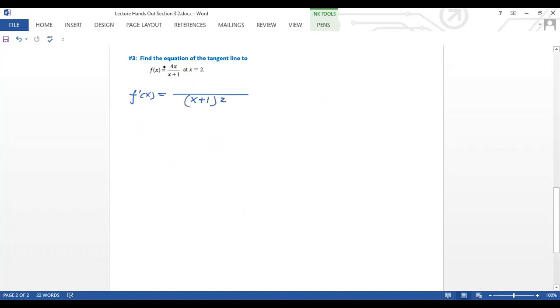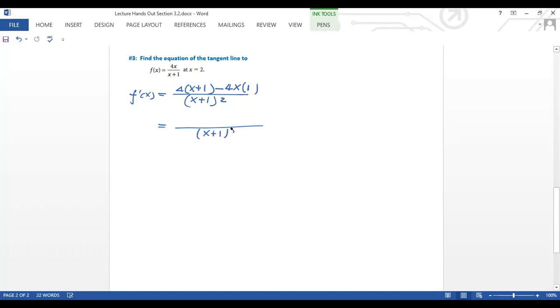Okay, so the top, you take the derivative of the top, it is 4. Then this is x plus 1. Then minus, you hold the top, 4x. Then x plus 1, you take the derivative, it is 1. That's right.